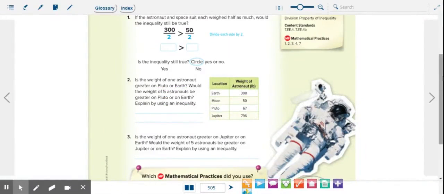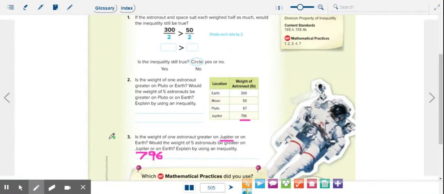Number 3. Is the weight of one astronaut greater on Jupiter or on Earth? Would the weight of 5 astronauts be greater on Jupiter or on Earth? Explain by using an inequality. First, let's find out the weight of one astronaut on Jupiter. The weight of an astronaut on Jupiter is 796 pounds.